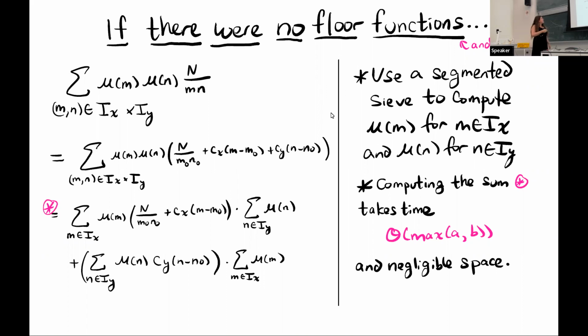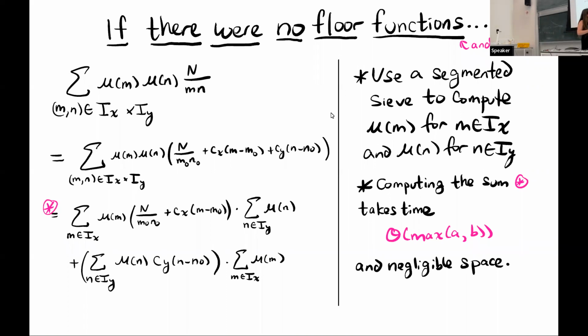And then what I'm going to do in the next line, where I've put a pink star, is you see that I've separated the variables. So I've written all my sums either over m or over n, but there's no interaction between them. And so this is nice because then we can just use a segmented sieve to compute values of mu of m or mu of n for the m's and n's in our two intervals.